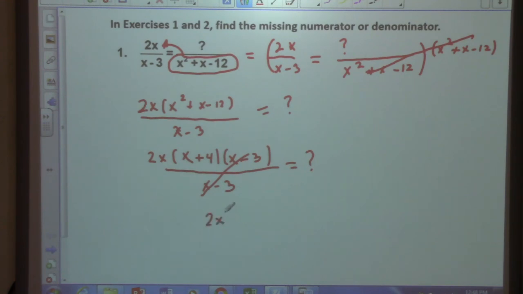How did you do it differently? The denominators, I just saw that it was the x minus 3 times the x plus 4. You just multiply 2x times x plus 4. All right, so you did part of it in your head is what you're saying. We're always going to have some overachievers amongst us, but that's a good thing.